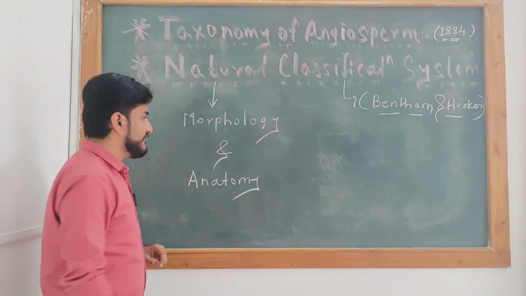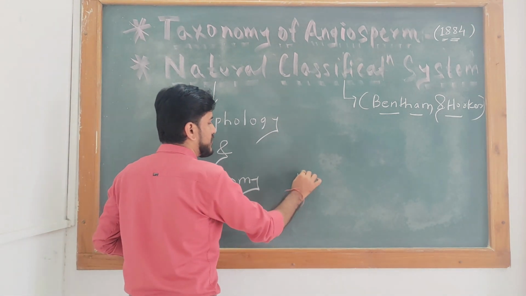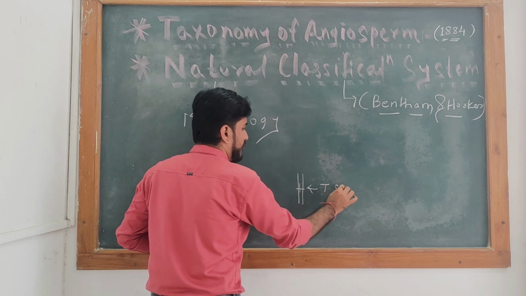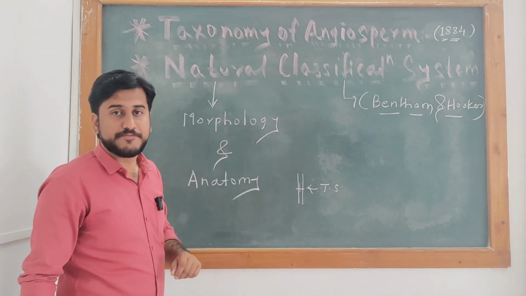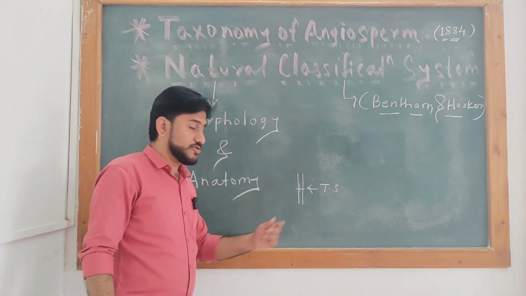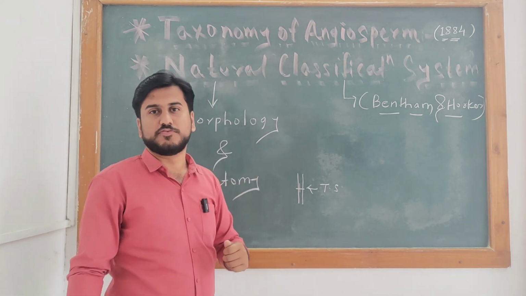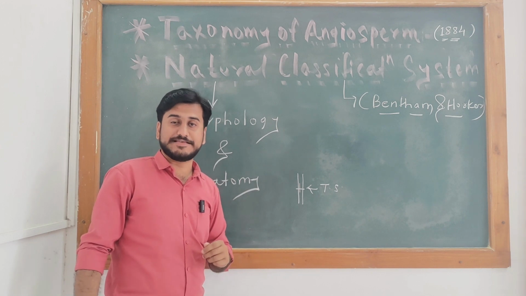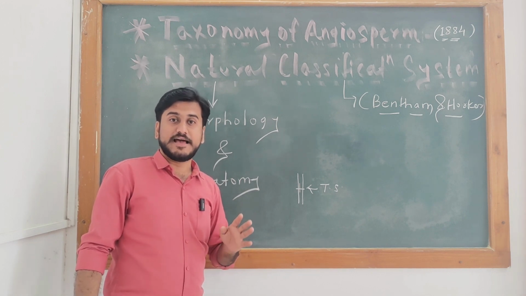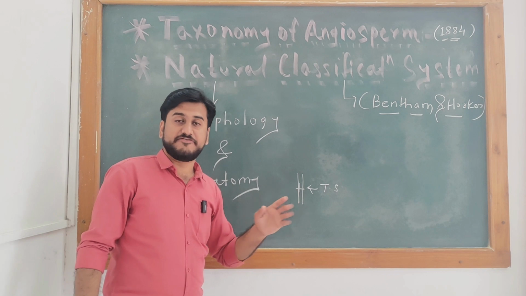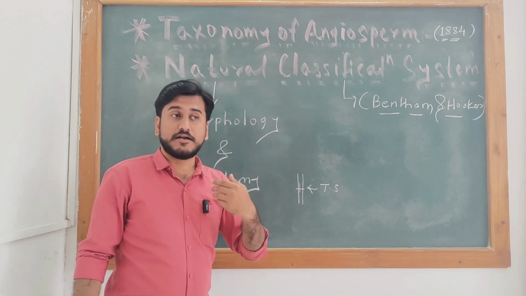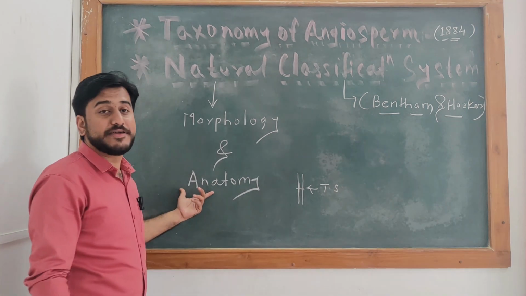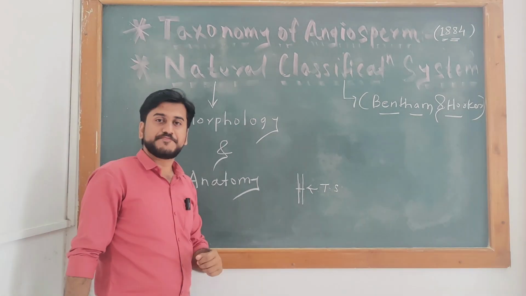But whenever you take the transverse section, TS, of any plant body or any part of the plant, you observe this section under a microscope. So we conclude which type of tissue system is arranged inside the plant. This characteristic feature we observe under the microscope. This microscopic character is known as anatomy or anatomical feature.